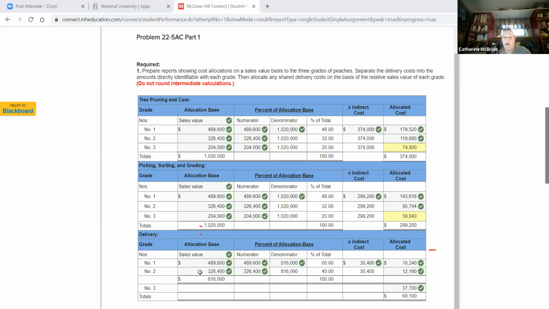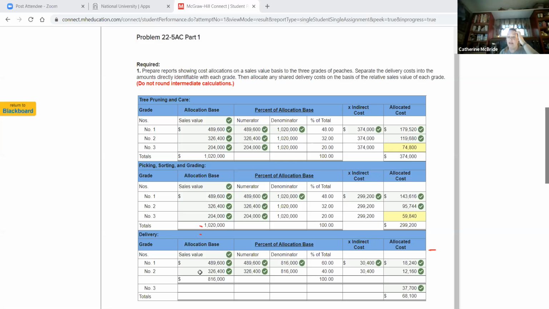That's where we get our denominator. So then we're just dividing the 489,600 by the total, and we see, oh, that's 60%. And then we do the same thing with number 2. We take the total and divide it into the sales for number 2. And so we can see that that one's 40%.